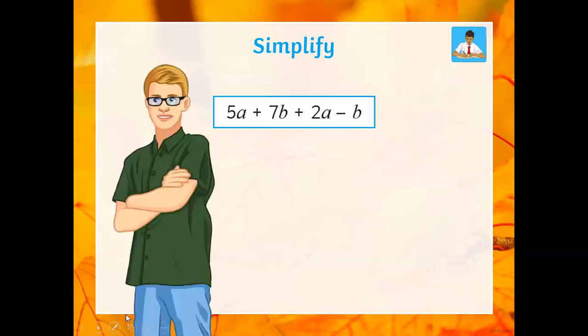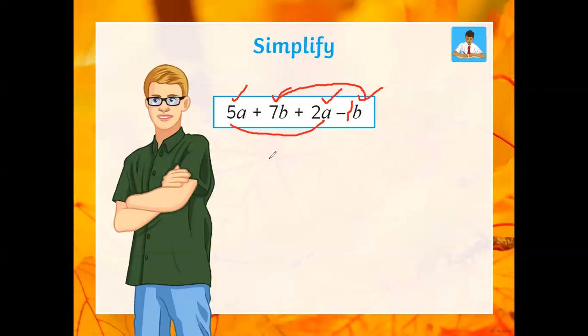How about this? 5a, try to put your answers now in the chat. 5a plus 7b plus 2a minus b. So remember, a and a only will be joining up. b and b will be joining up. And this b means this is 1b. Very good.